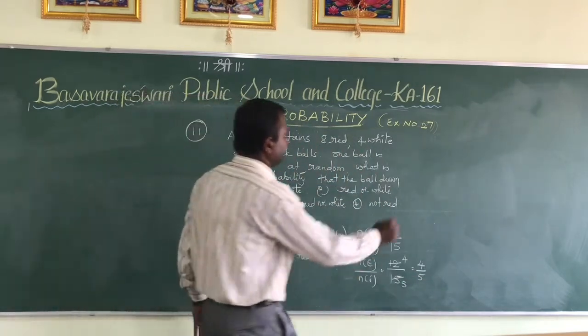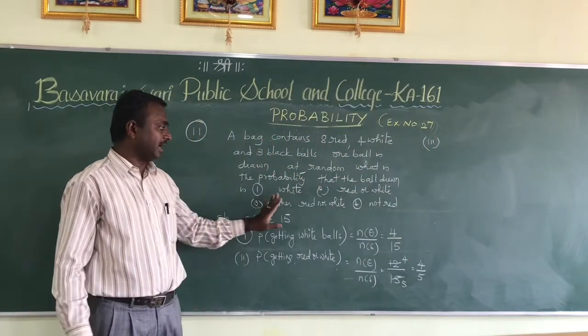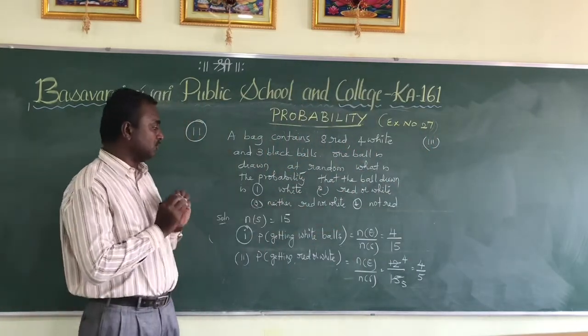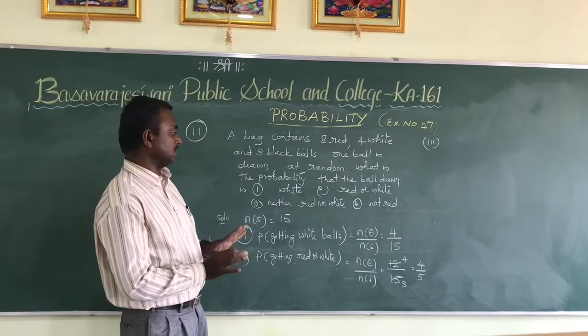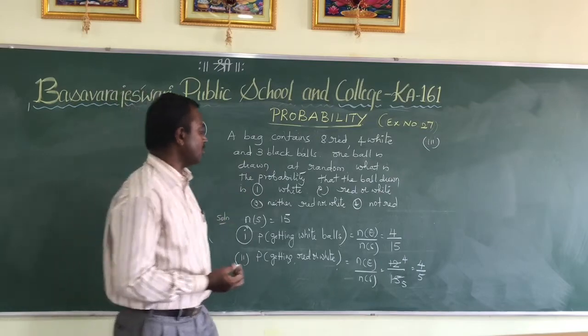So third question. What is the third question they are asking? Neither red nor white. That means we have to leave red or white balls. So remaining is what? Black balls. So we have to take black balls.